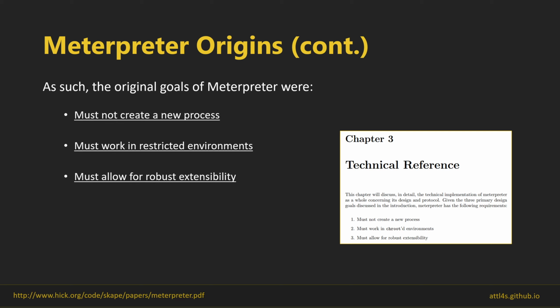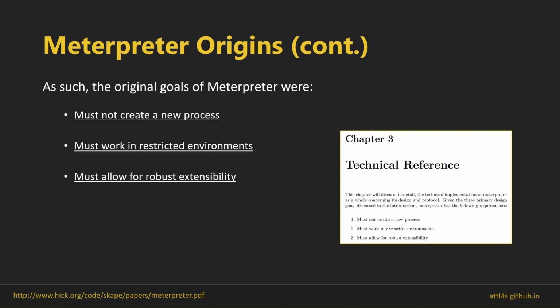Meterpreter must work in restricted environments. This is very much related to the first point, because if we are not running a new process, then application restriction policies have limited action on the execution.